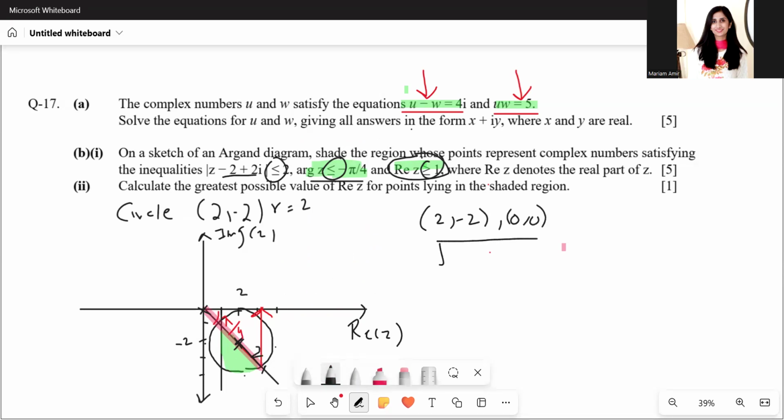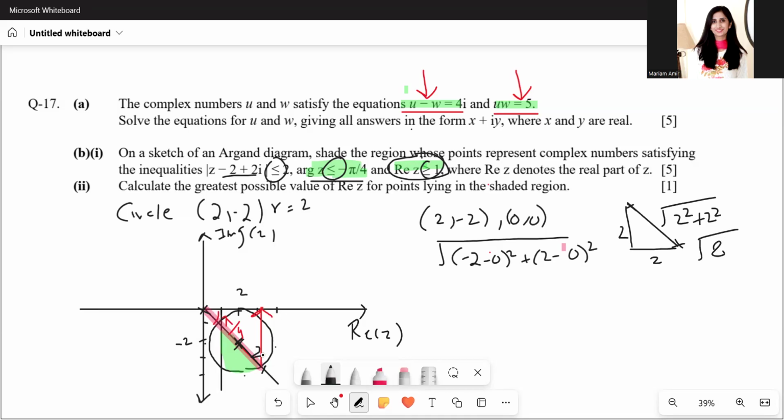That's just y2 minus y1 whole squared plus x2 minus x1 whole squared. We could have just applied Pythagoras theorem here as well, because this is the center, this is 0, 0, and this is 2 units, and this is 2 units. So square root of 2 squared plus 2 squared, so square root of 8 or 2 square root of 2.